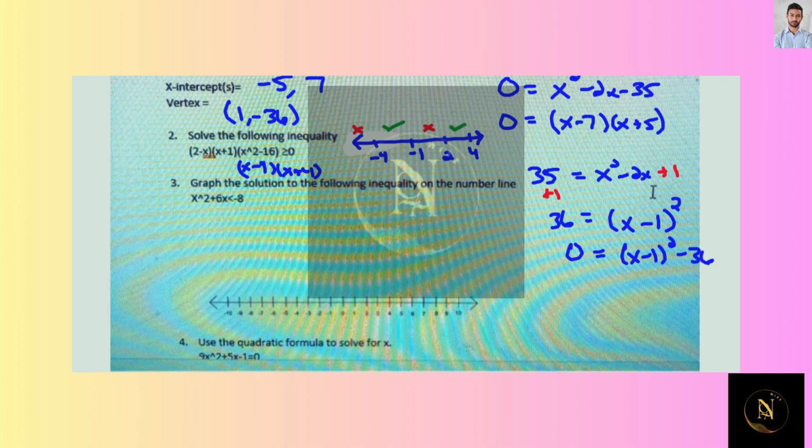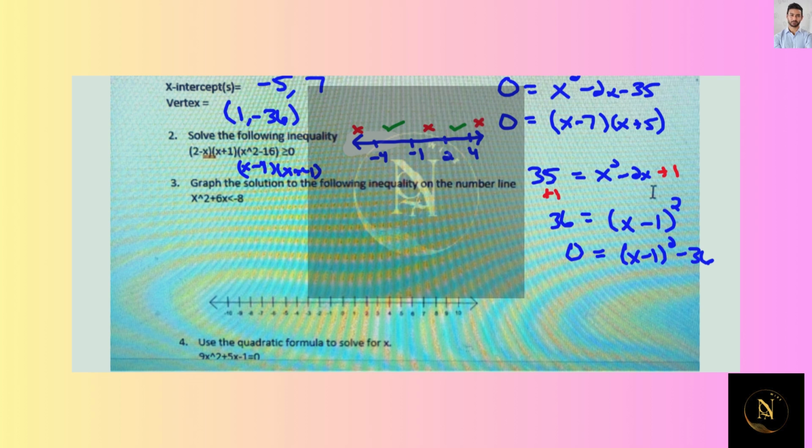And then greater than 4, like 5, we'd have a negative 3 times 6 times 25 minus 16, which is 9, and we get a negative 162, not greater than or equal to 0.